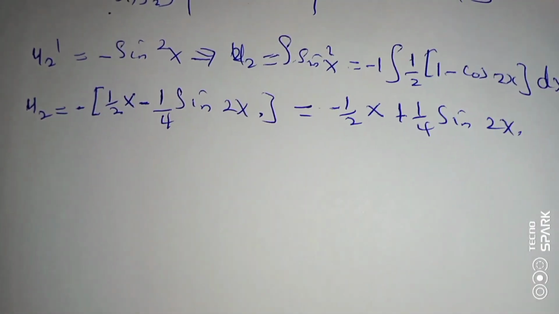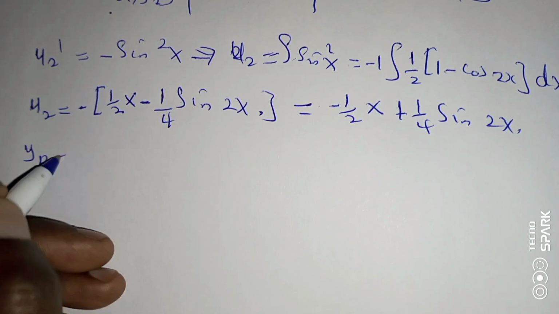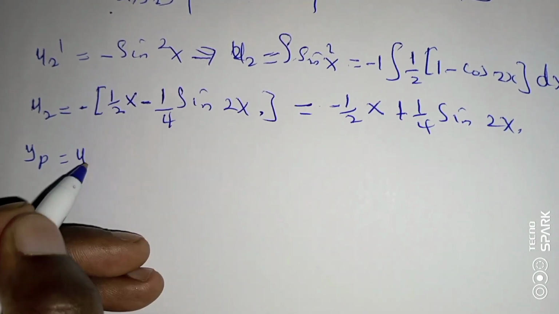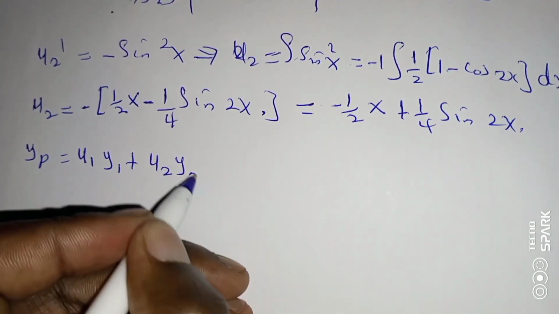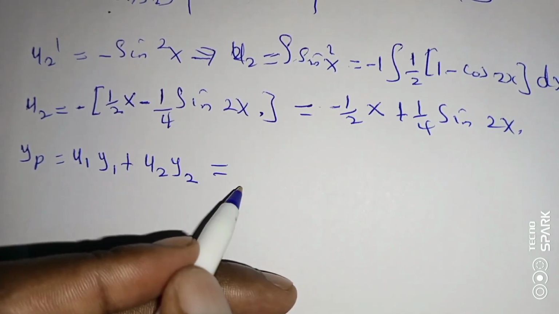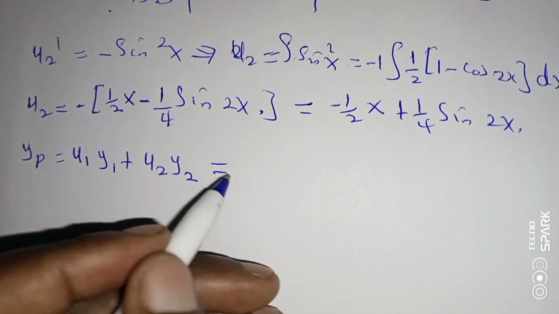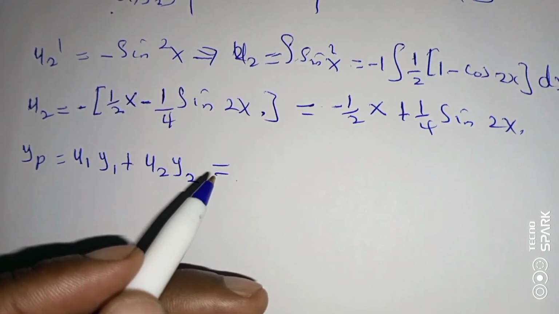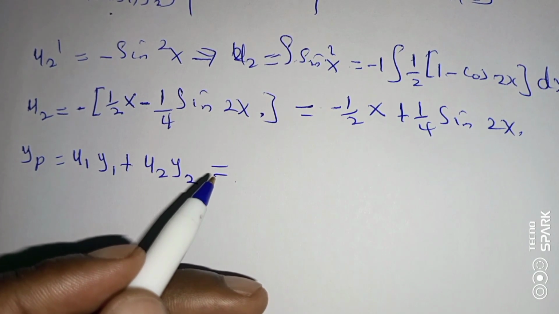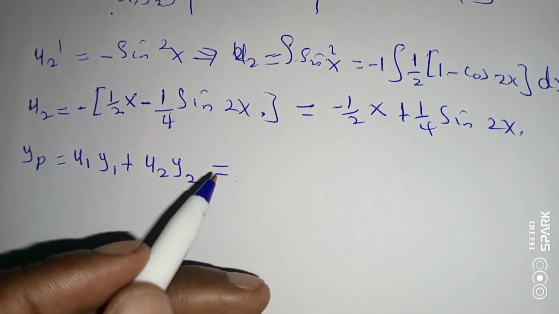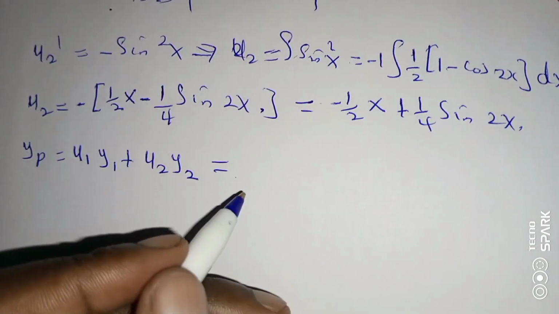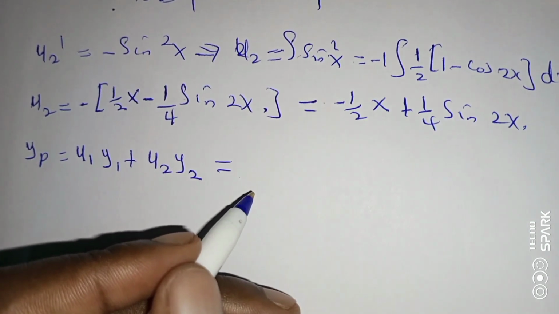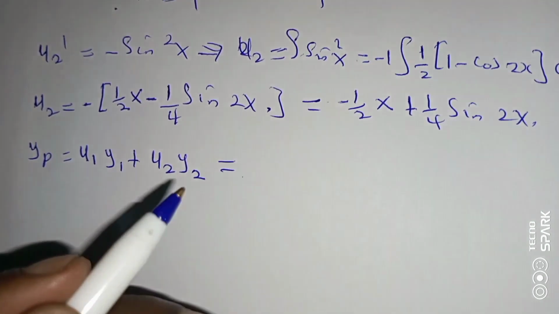Now our y particular will be given by u1 y1 plus u2 y2. Our u1 we have found to be half sine squared of x.